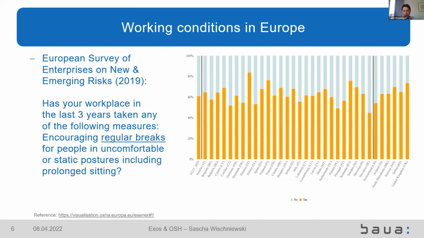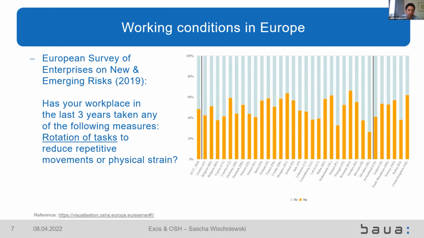Furthermore, if you have awkward postures, static postures, including prolonged sitting, we provide regular breaks. That's what 60% of the companies in Europe say on average. These are the kinds of measures they take if they face challenging physical working conditions.